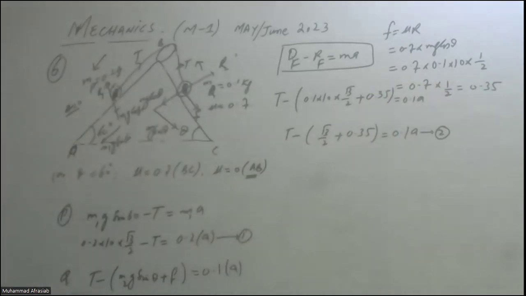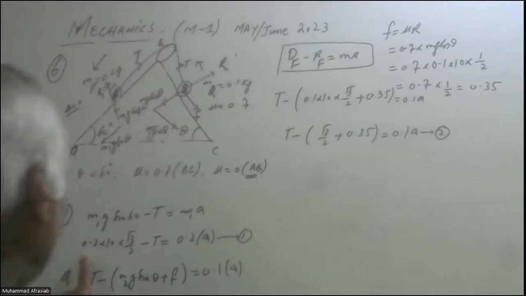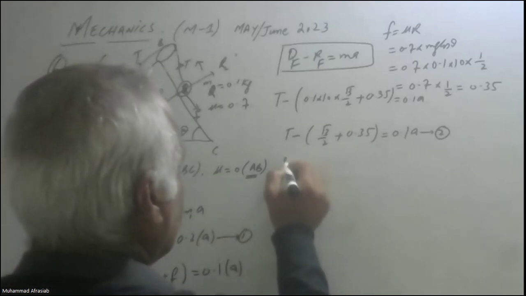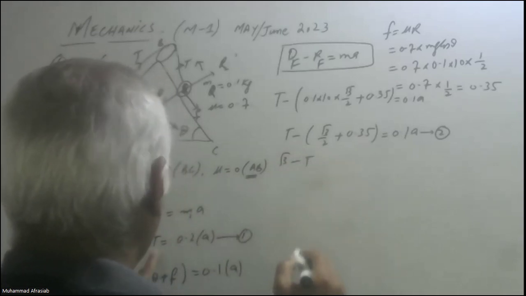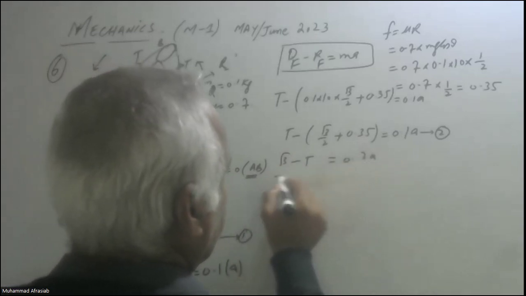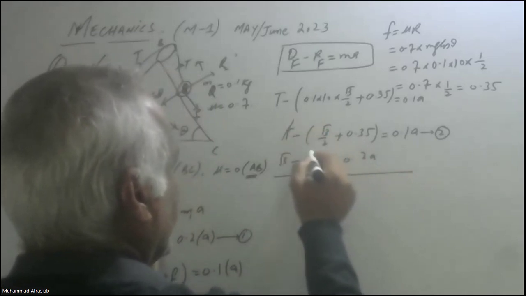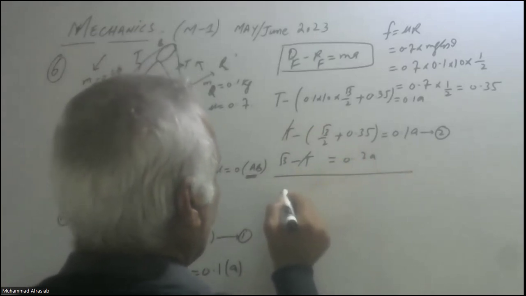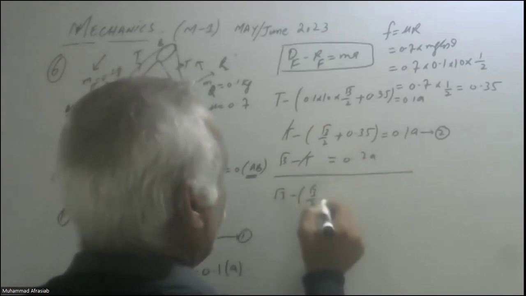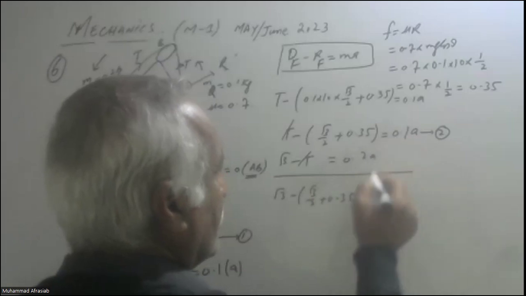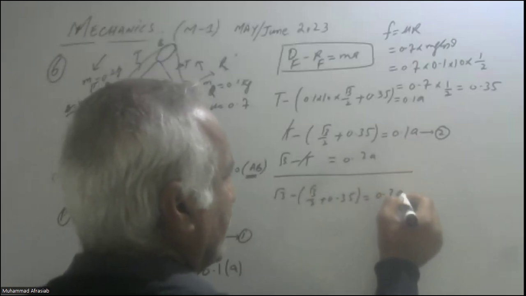Now, if we solve equations 1 and 2 simultaneously, equation 1 is root 3 minus tension is equal to 0.2a. This is positive, this is negative, they cancel out. So this will be equal to root 3 minus root 3 over 2 plus 0.35 is equal to 0.3a.